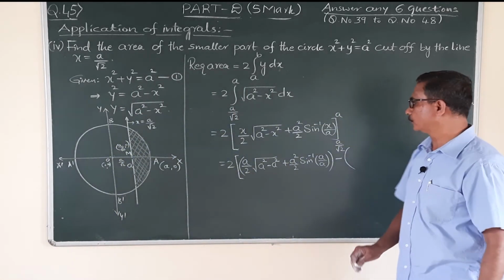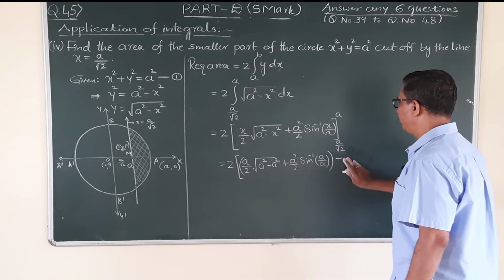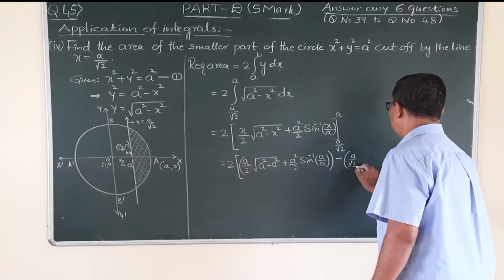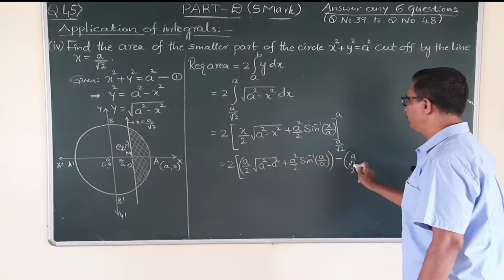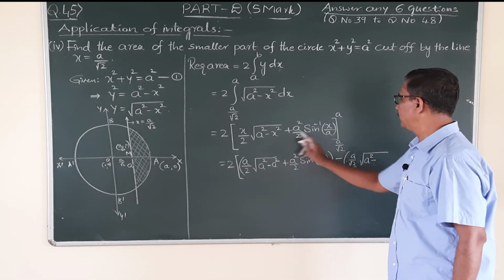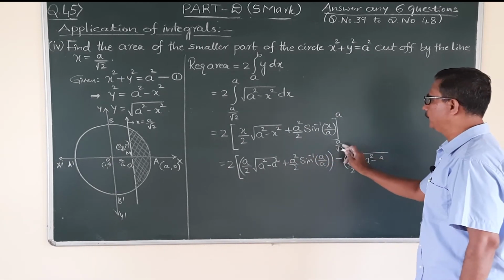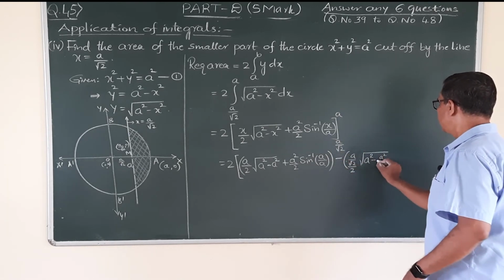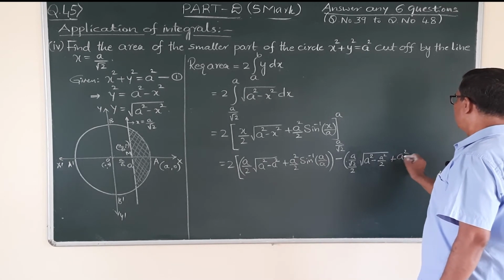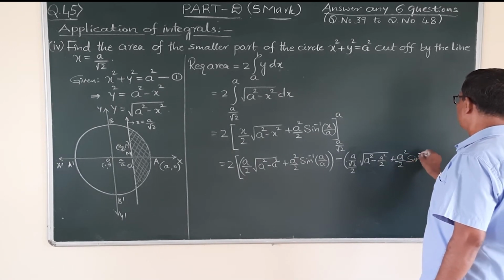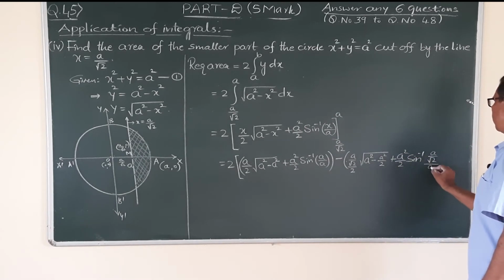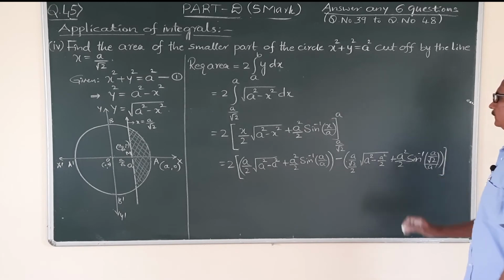Put x equal to a by root 2. X is equal to a by root 2: a by root 2 divided by 2 under root of a square minus x square. Lower limit is x value a by root 2, its square is a square by 2, root 2 square is 2, right? Plus a square by 2 sine inverse of x value a by root 2 divided by a, right?